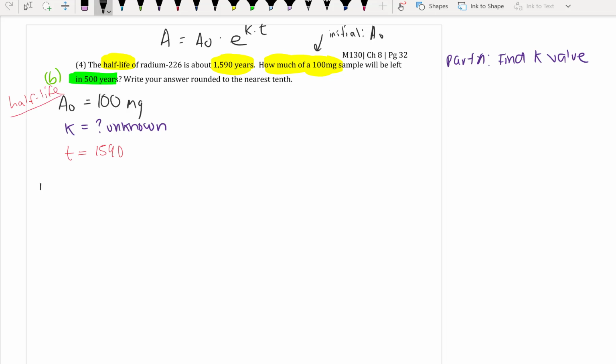So let's think about this. If I have my initial of 100, and I'm thinking about my half-life, then we literally take half of 100.